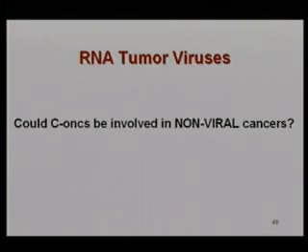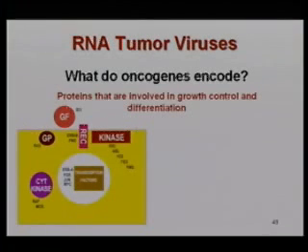So the question then arose, can these cellular oncogenes be involved in non-viral tumors? And the answer is yes, they can. When they get mutated, we know that some of the tumors that the human population gets are the result, probably not of a viral infection, but mutation in these cellular homologs of viral oncogenes, these proto-oncogenes.